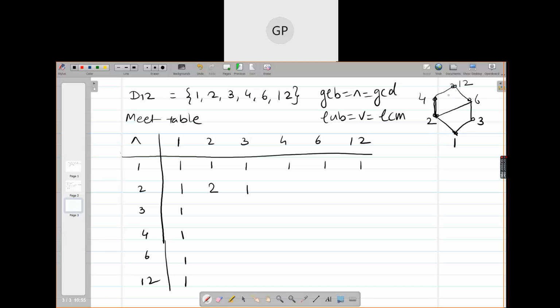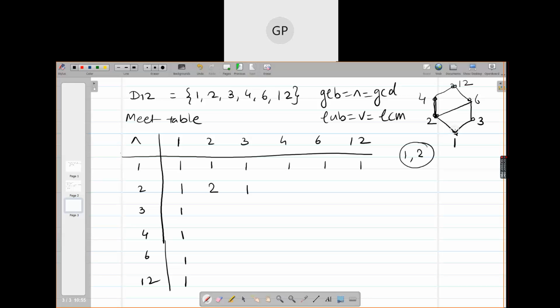Should I consider that you are not understanding this? 1. Is there only one lower bound? What are the lower bounds of 2 and 4? 2 and 1 both. There are two lower bounds.